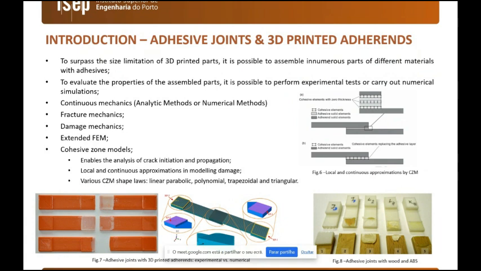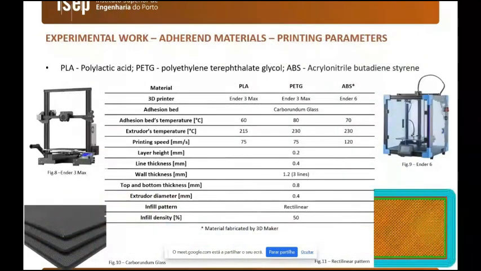In this presentation, I will approach the cohesive zone modeling technique for static modeling, and we will evaluate different types of joints with different adherend types, namely PETG, ABS, and PLA, and also 2 adhesives.